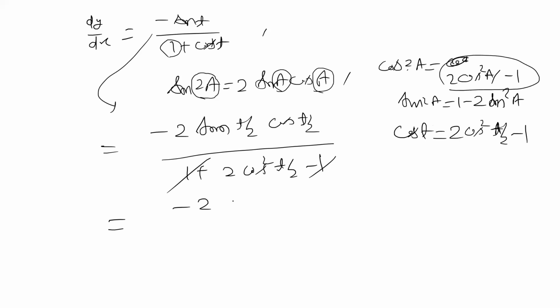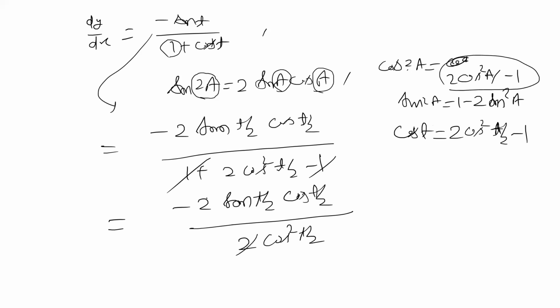Then minus 2 sin t by 2 cos t by 2 divided by 2 cos square t by 2. The 2 cancels out, and one cos term also cancels out. You will get minus sin t by 2 by cos t by 2.